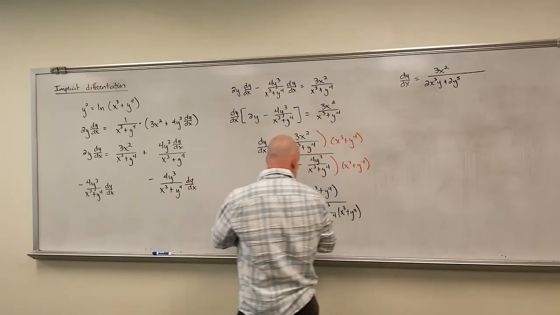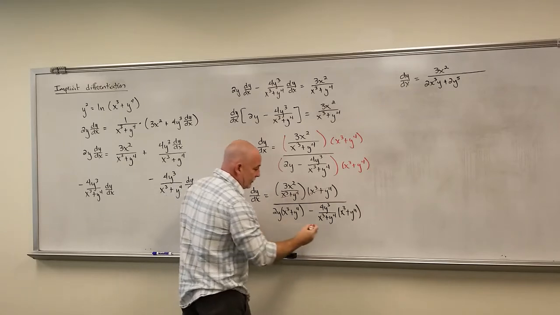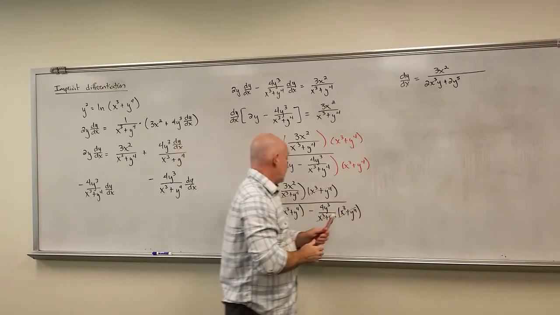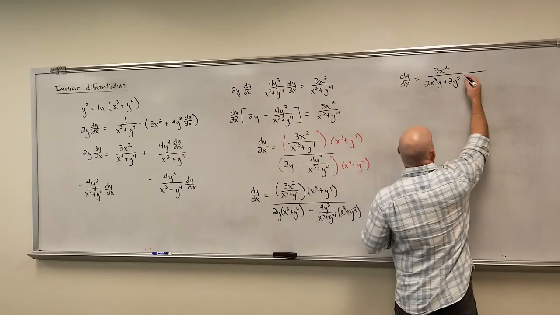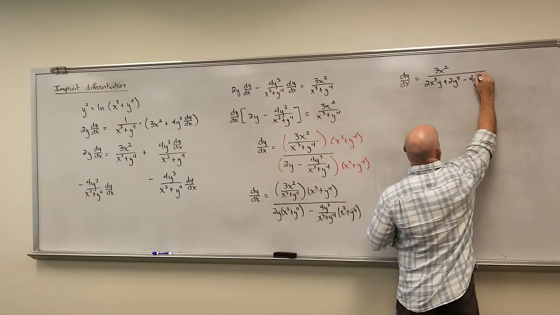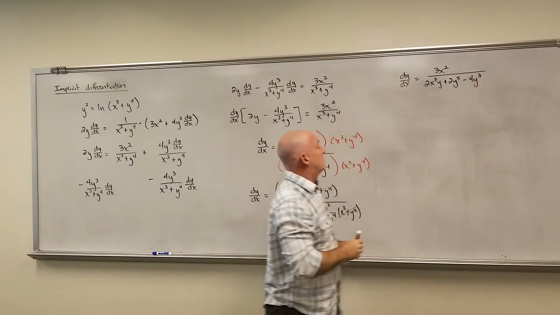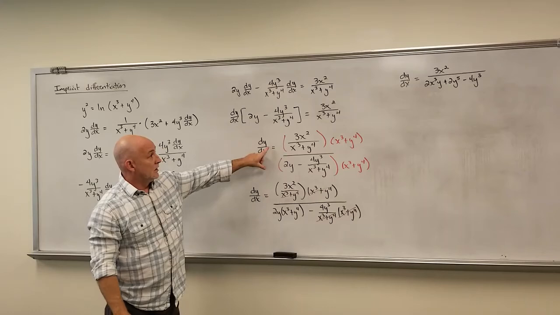And over here, again, the reason we did this is now this will cancel with that, and we have 4y to the third, so minus 4y to the third. Okay, so if you notice, that looks much, much nicer than what we could have ended up with over here.